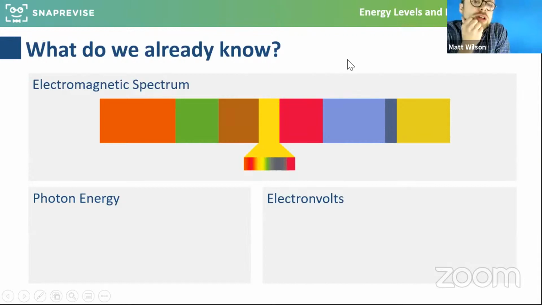Okay, so let's get going with the material. The first thing I want to do is cover a couple of things that we're going to need to know to actually get through the session today. The first thing we need to know about is the electromagnetic spectrum.